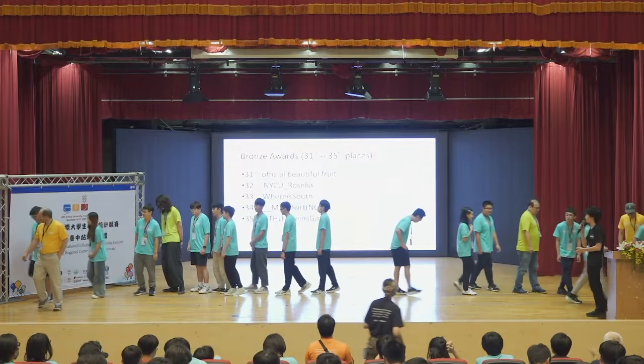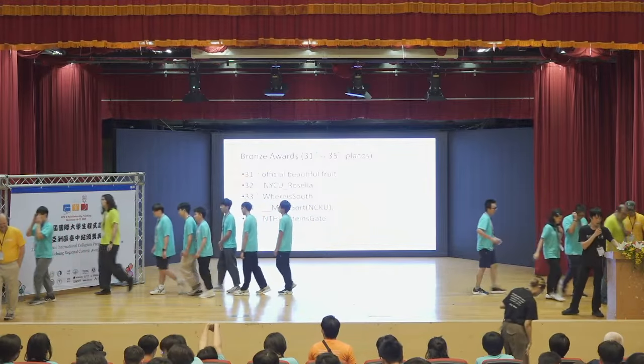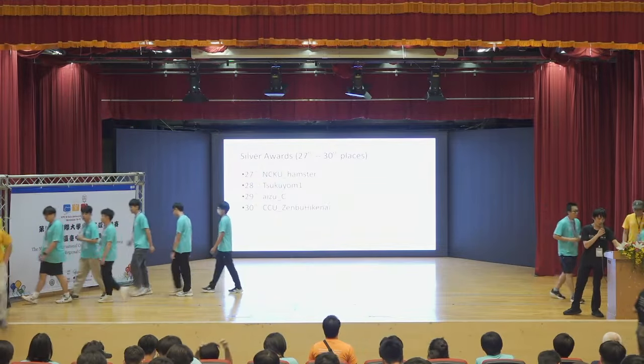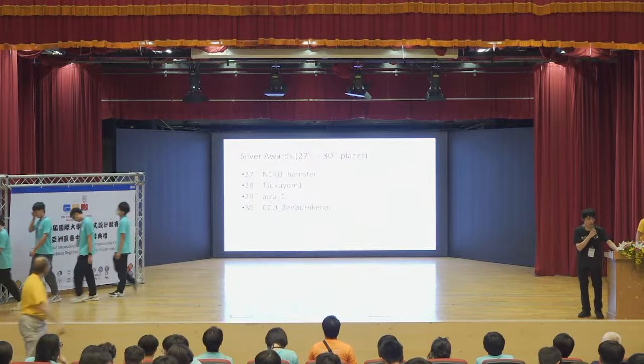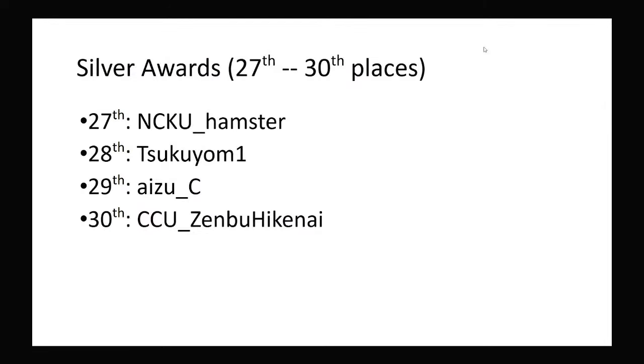Now we're moving to the silver medalists. So here we have the silver awards from rank 27 to 30. Okay, so NCK Hamster, Sukuyong Mi, and Aizu CCU Zenbu Hikenai. Please come to the stage.